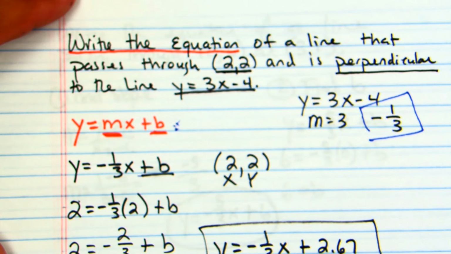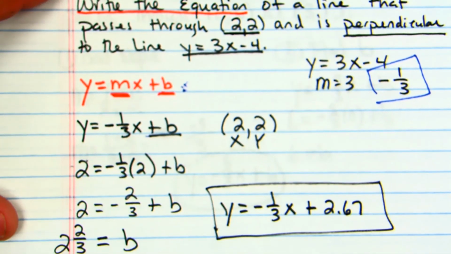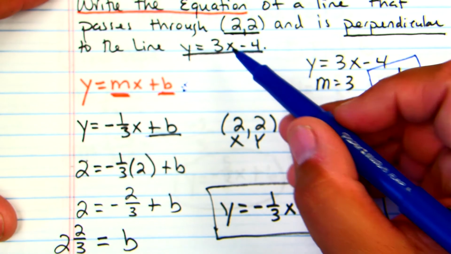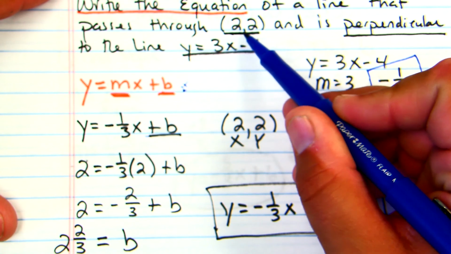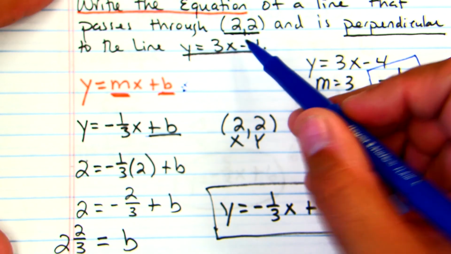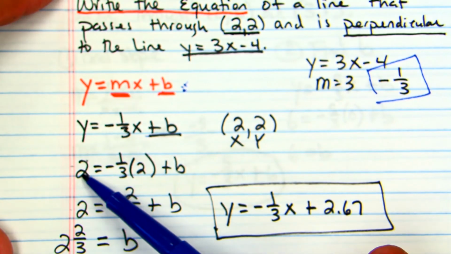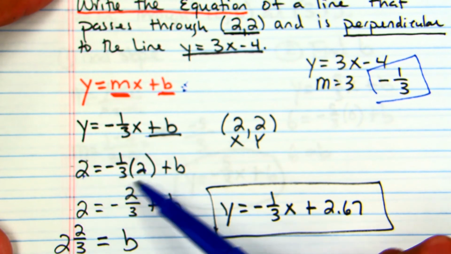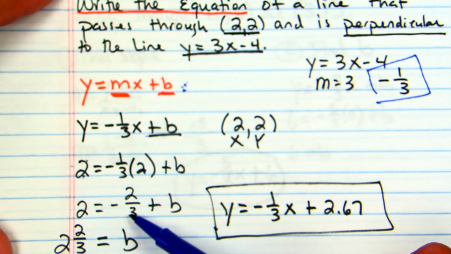Now I've got my m. The only thing that I'm looking for now is my b. So I take my point that was given, 2, 2, because the line passes through 2, 2, and I plug in 2 for the y, 2 for the x. Now I'm just solving for b. -1/3 times 2, -2/3.